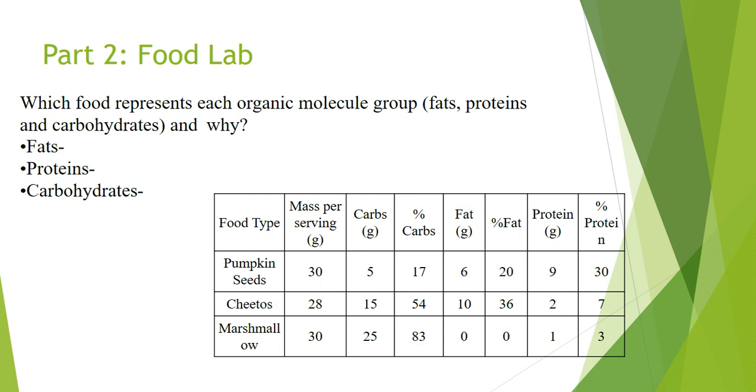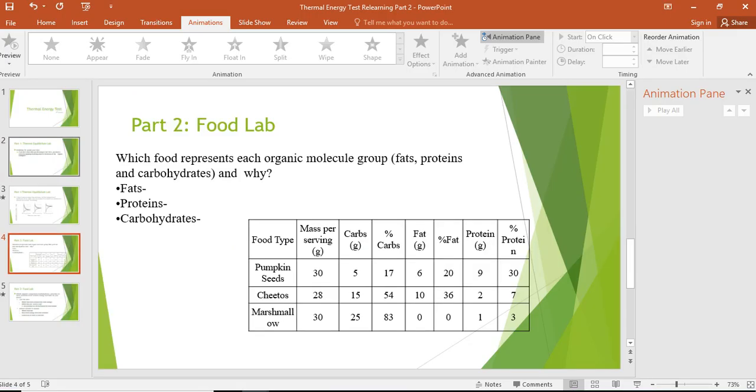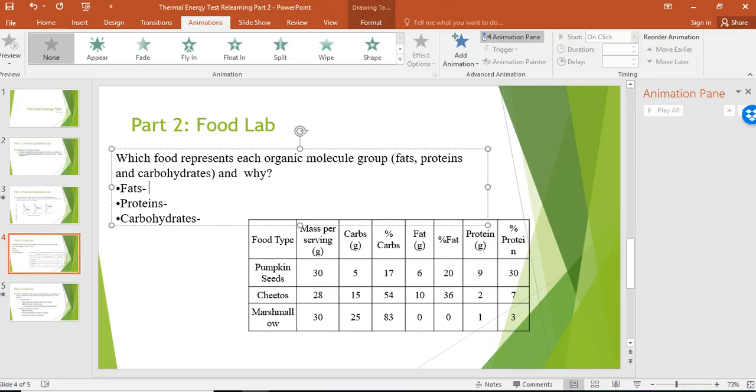And so the food that represents the organic molecule group, we would say, is Cheetos. Why? Because they have more fat than any other food item. Go ahead and finish that up for proteins and carbohydrates.